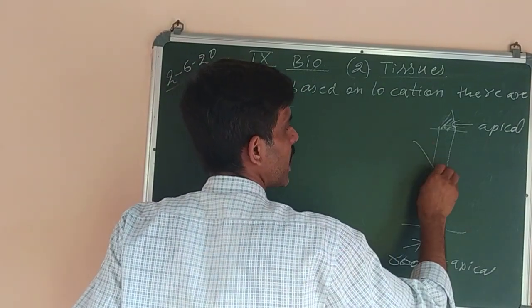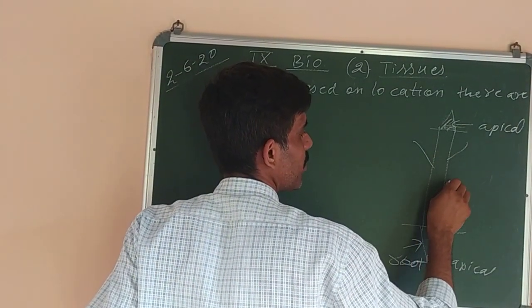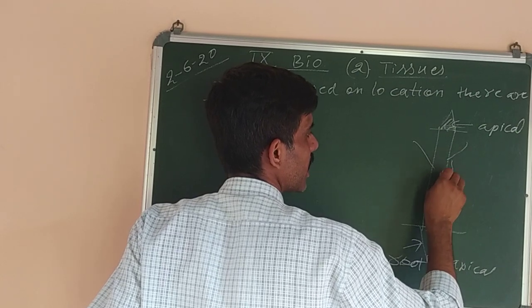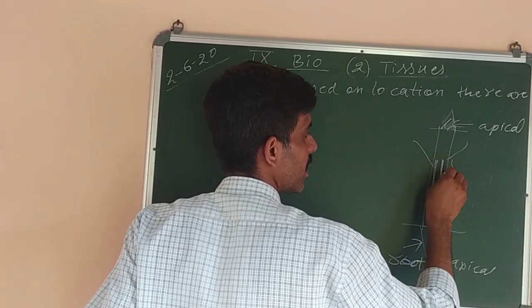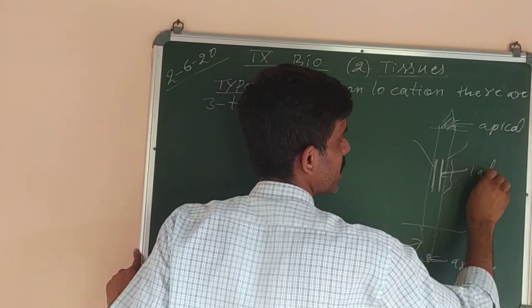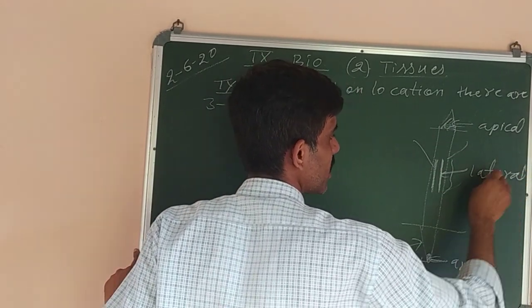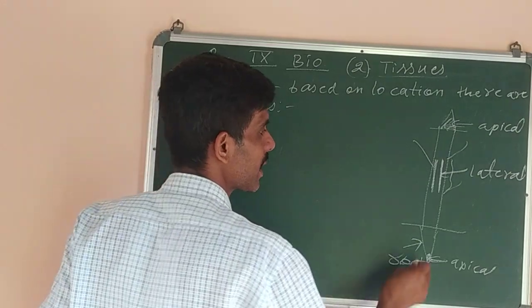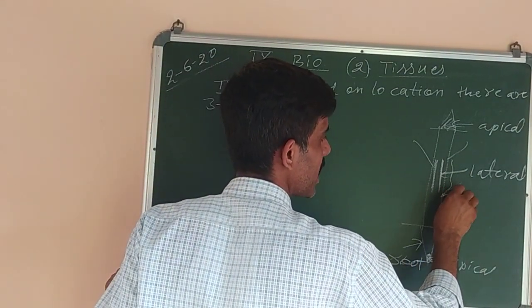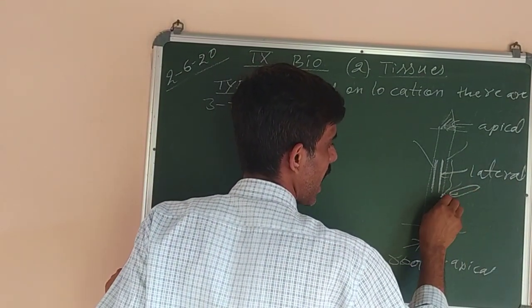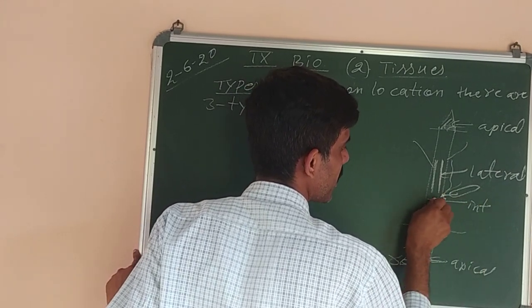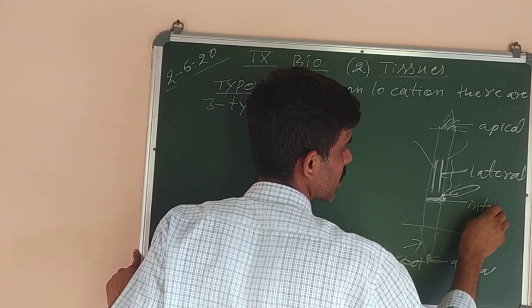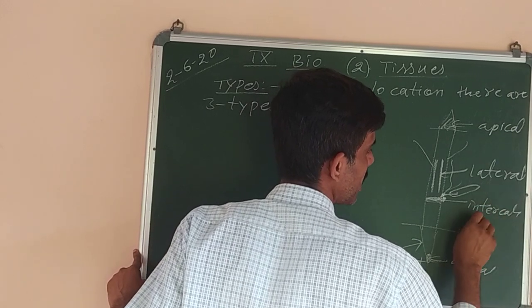Now the one present in the sides, between the nodes, is called lateral meristematic tissue. And intercalary meristem is the one present at the base of the nodes. If a leaf is here, at the base of the node, that is called intercalary meristem.